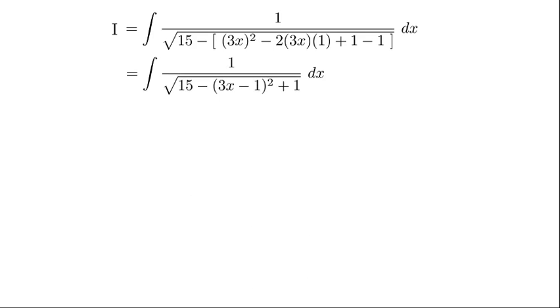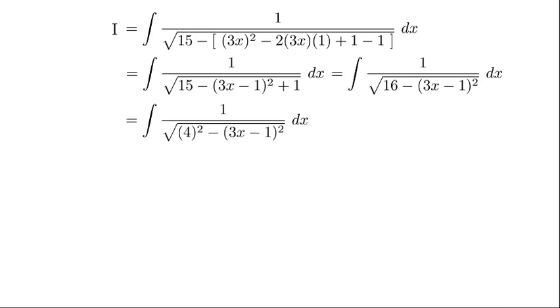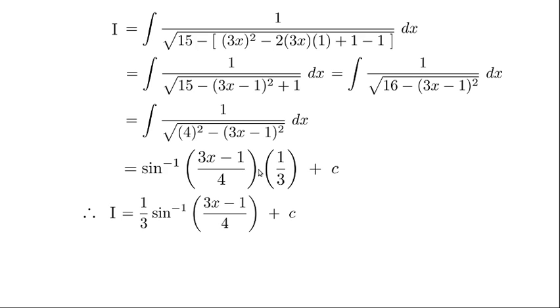When you open the bracket, that minus 1 becomes positive 1. 15 plus 1 gives you 16. So finally it becomes integration of 1 upon root of 4 square minus (3x minus 1) the whole square dx, which is in the form of 1 upon root of a square minus x square. That is sin inverse of (3x minus 1) upon 4 into 1 by 3. This 3 is nothing but the coefficient of x. So finally it becomes I equal to 1 by 3 sin inverse of (3x minus 1) upon 4 plus c.